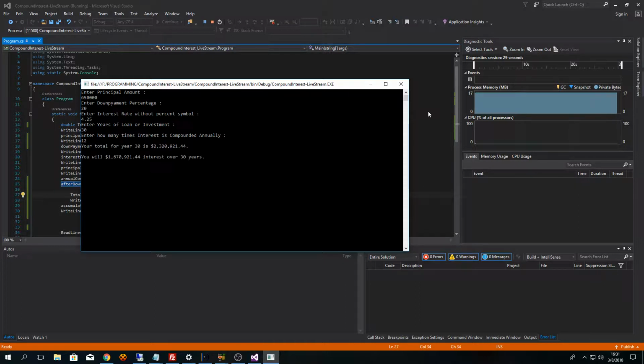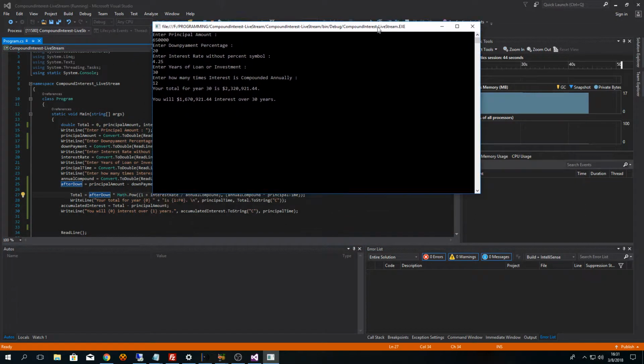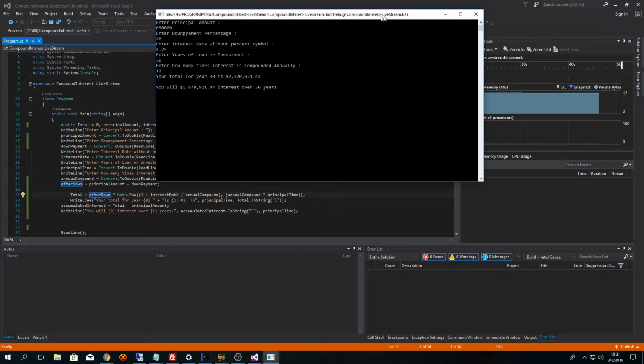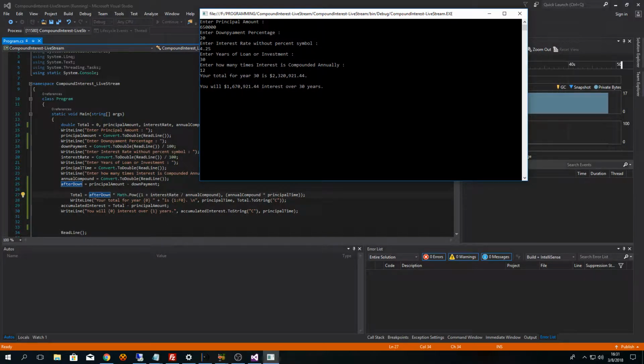Your total for 30 years, you'll be paying $2,320,921.44, and about $1.6 million in interest. That's after we have deducted your down payment.